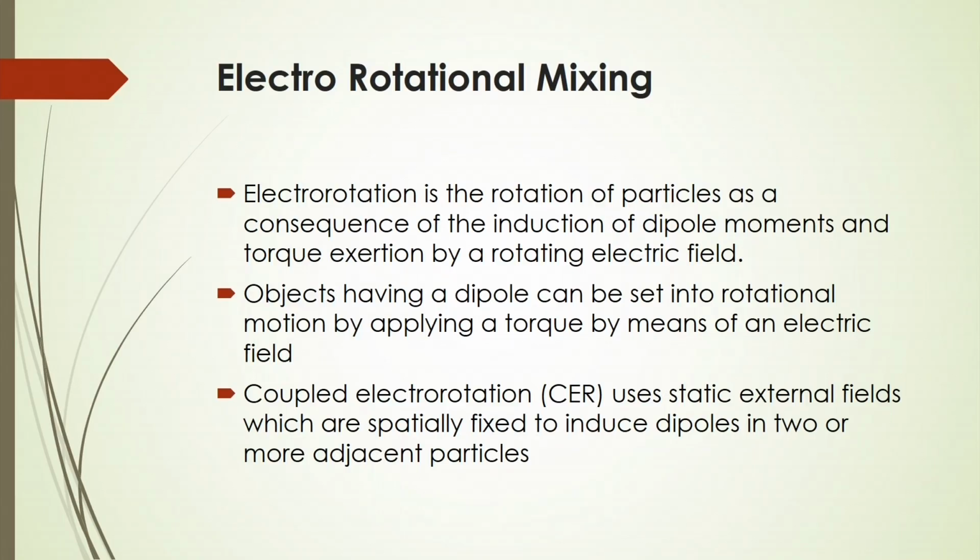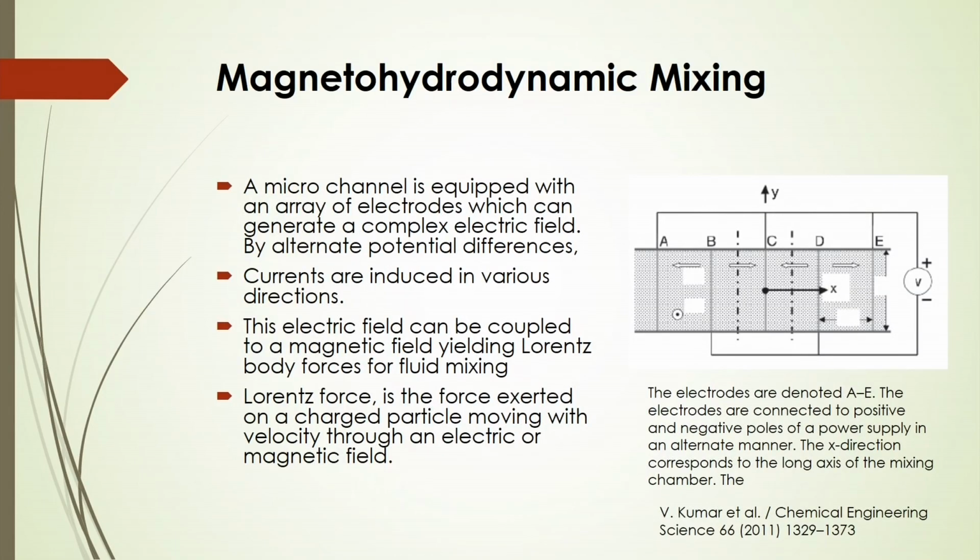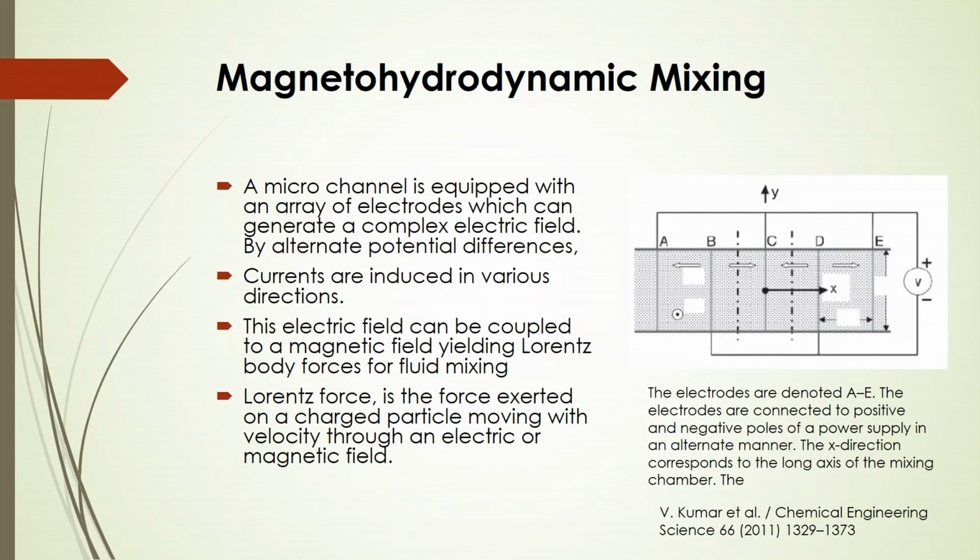Coupled electro-rotation uses static external fields which are specially fixed to induce dipoles in two or more adjacent particles. Also magnetohydrodynamic mixing is another important mechanism for micromixing. In this case a microchannel is equipped with an array of electrodes which can generate a complex electric field by alternate potential differences.